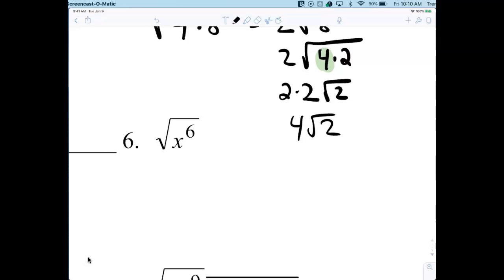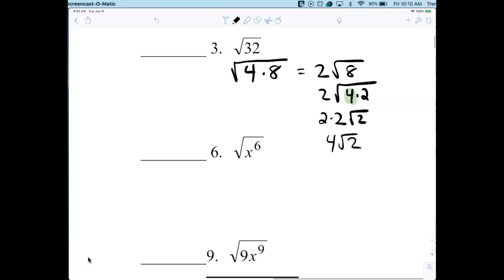So the answer is 4 radical 2. Personally, I don't think of the square root of 32 as 4 times 8. I think of it as 16 times 2. What's the square root of 16? 4. So my answer is 4 radical 2.